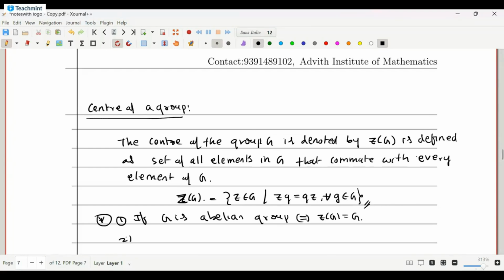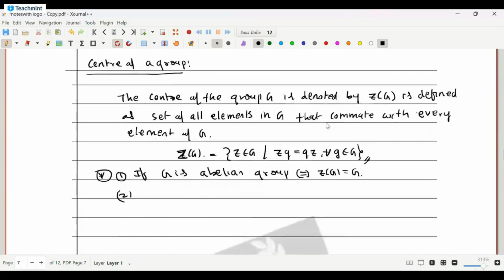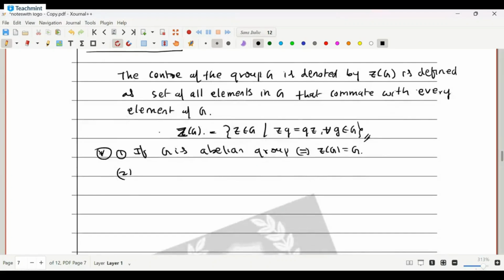Number 2: Z of G is equal to G for G equal to R, Q, the set of all integers with respect to addition, and the set of all complex numbers with respect to addition.